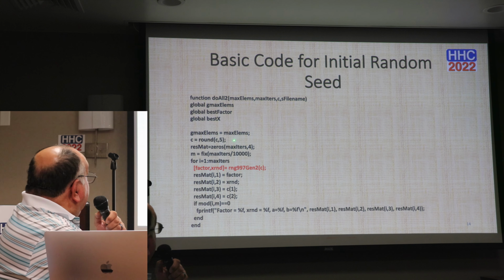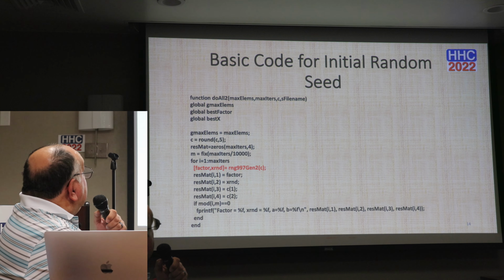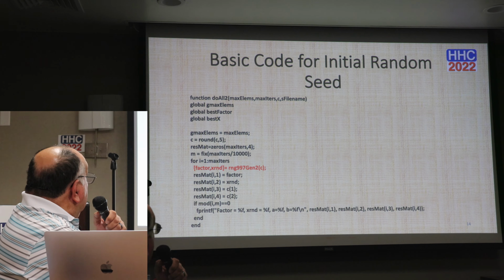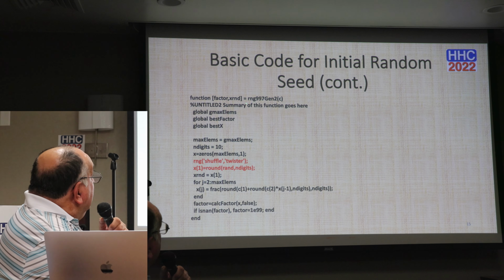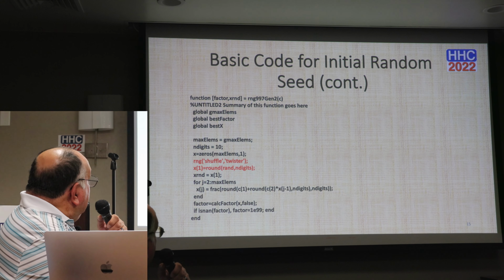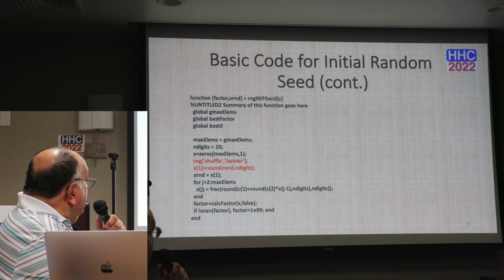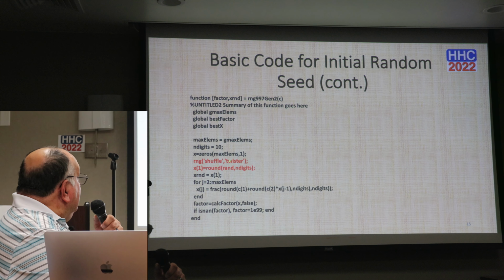And here's the code for the function. Basically, in the implementation of RNG Gen 2, I shuffle the seed and I get a random number through MATLAB, because I'm doing this like 1 million times.